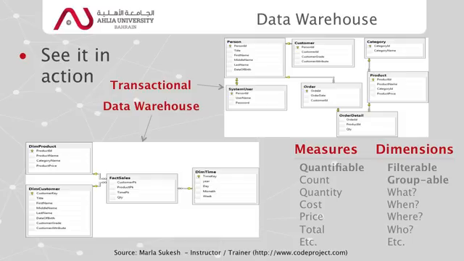About the dimensions, how can we know which tables will go as dimensions? Usually the dimensions are filterable and groupable. And usually they will tell a story about the fact that we are storing in the fact table. For example, if I bought a car, you might come and ask me, what did you buy? When did you buy it?